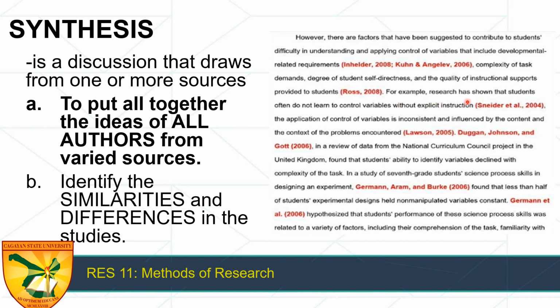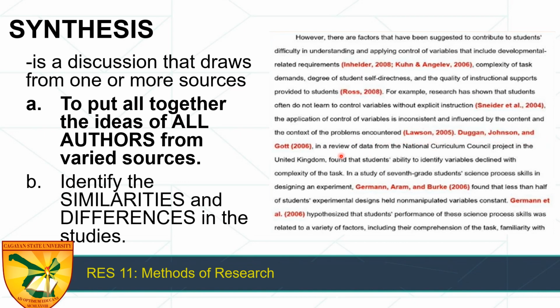For example, research has shown that students often do not learn to control variables without explicit instruction by Synder et al. in 2004. The application of control of variables is inconsistent and influenced by content and the context of the problems encountered by Lawson in 2005.